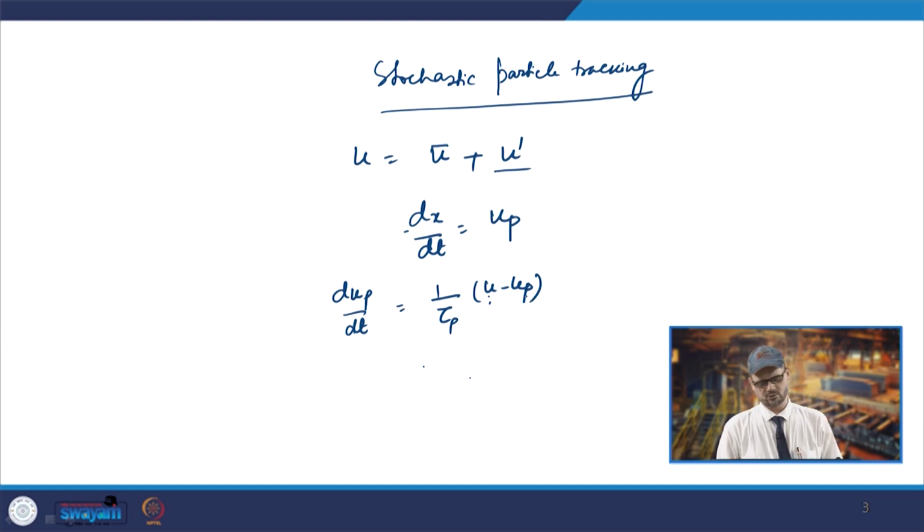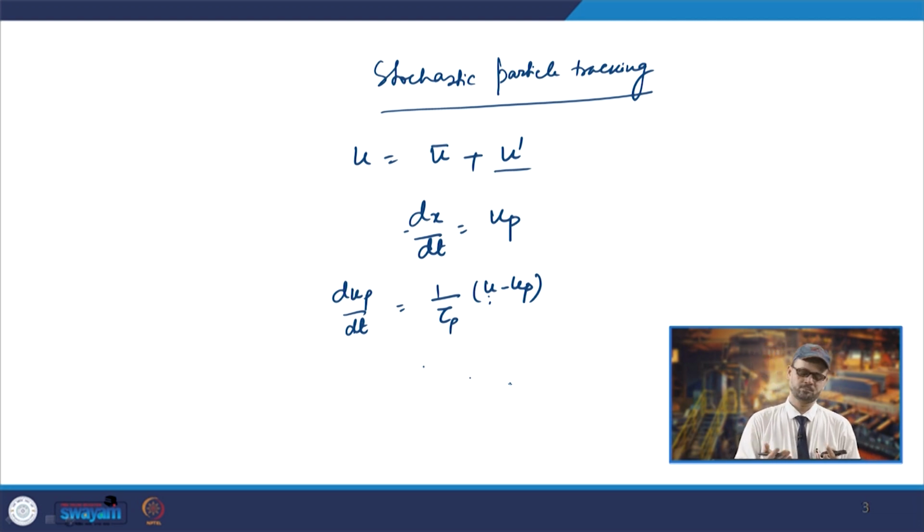This tau p is known as the particle relaxation time. It is nothing but a unit of time.